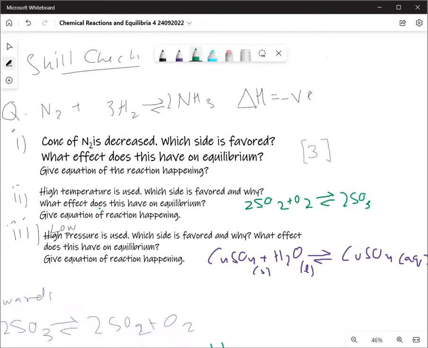For the equation part, we will just write the same and make an arrow to the reactant side. No, not like that. See, you did it correctly previously, so you can do it again. Now they're asking you where is the equilibrium moving? You said backwards. So write the reaction. Write the equation.